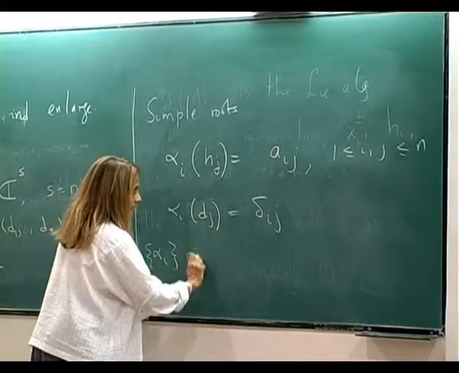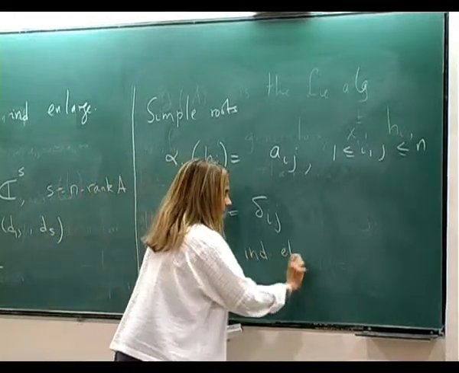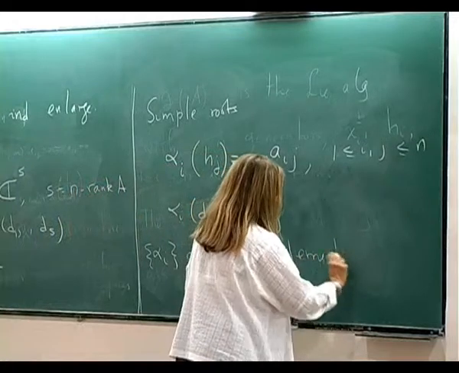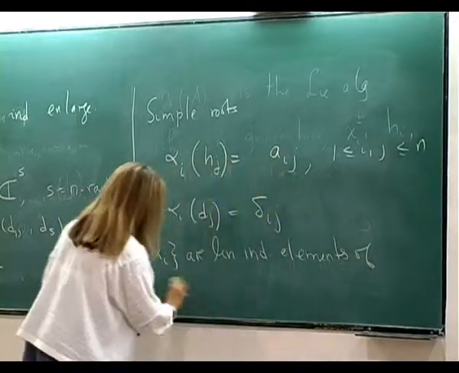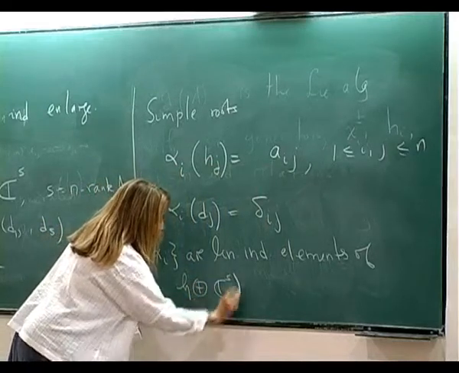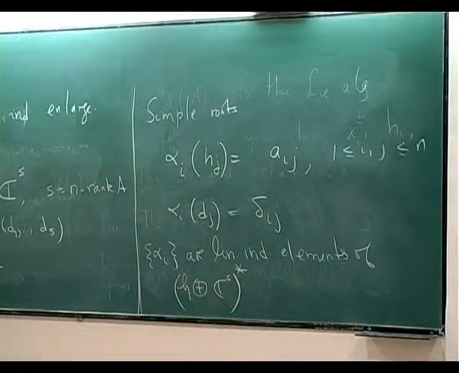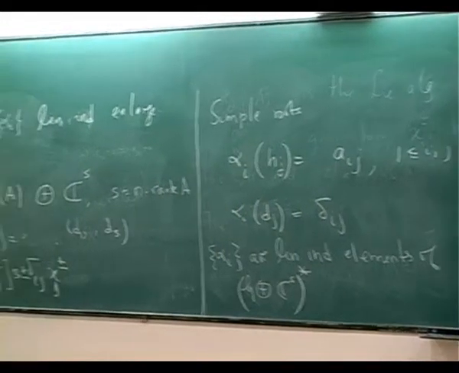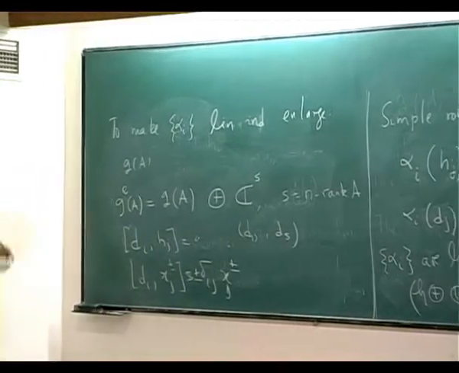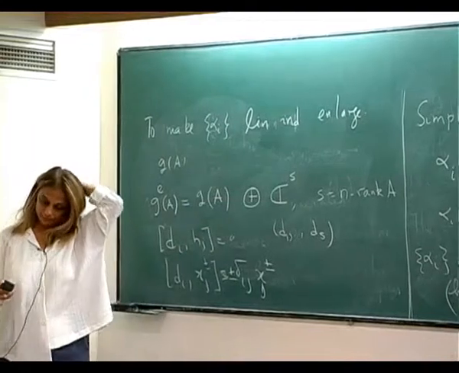So the alpha_i's are linearly independent elements, not of H still, but of its dual, but of H direct sum C^s dual. Okay. So this is what is nowadays called the Kac-Moody algebra. They build this extra piece into the definition of the Kac-Moody algebra.